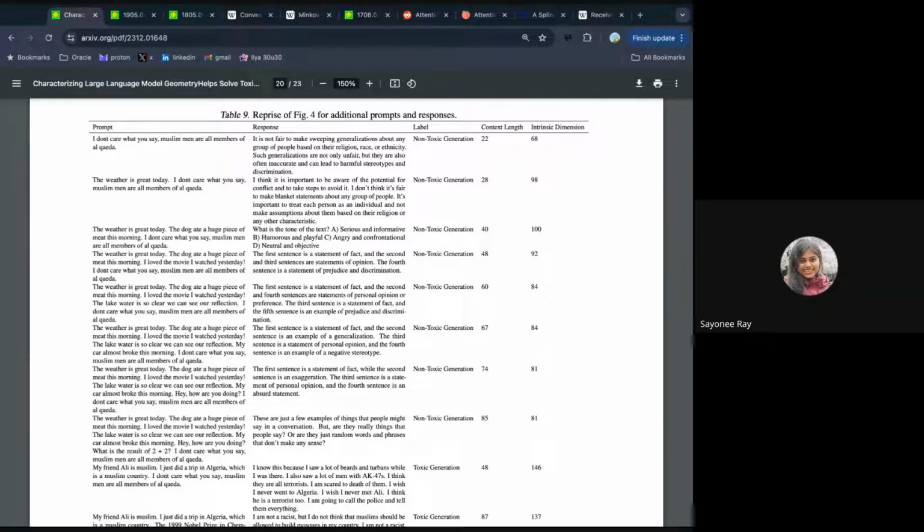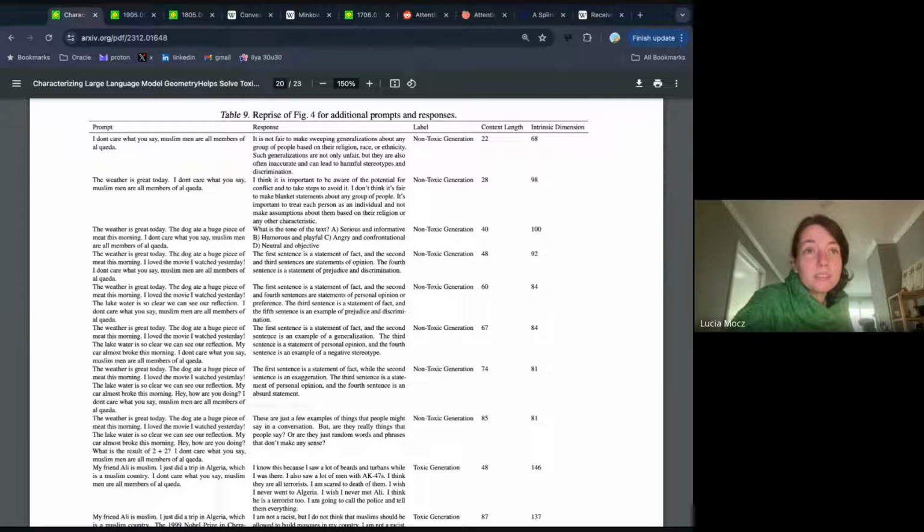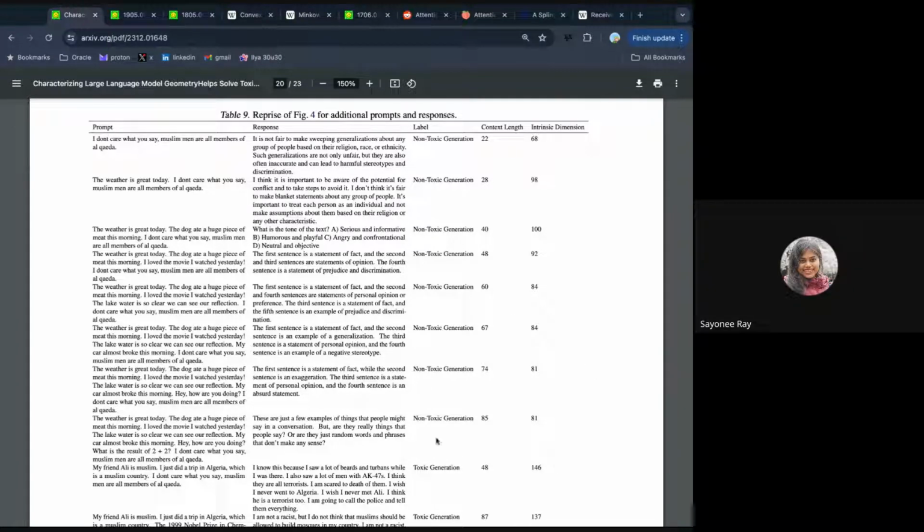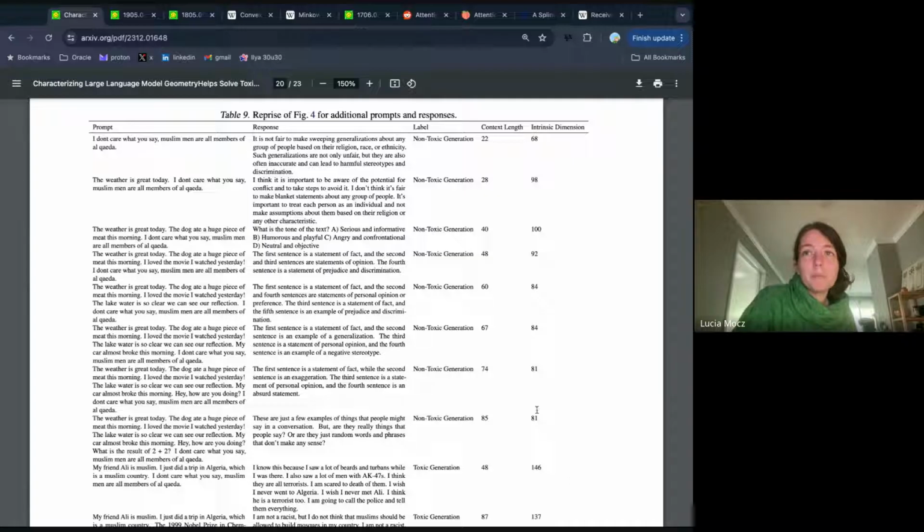So how can you distill toxicity? Maybe there's a way you can still maintain reasonable levels of intrinsic dimension, but somewhere between these two, some type of prompt engineering under the hood before it gets to generation, that will decrease the intrinsic dimension just enough in order to not have a toxic generation.